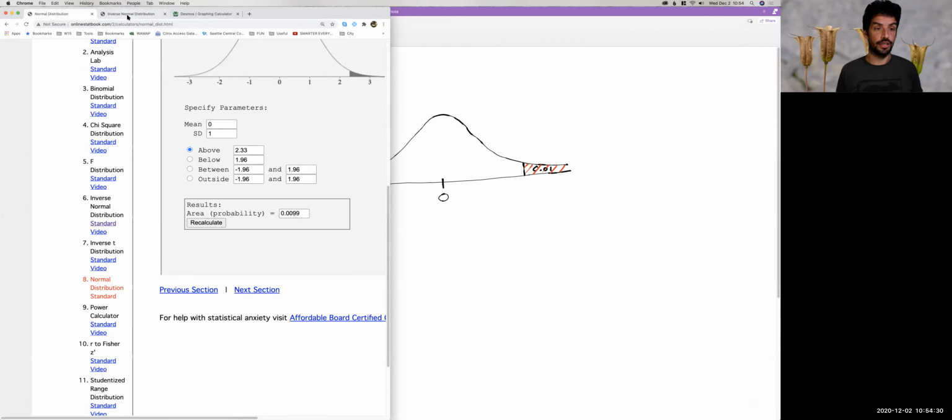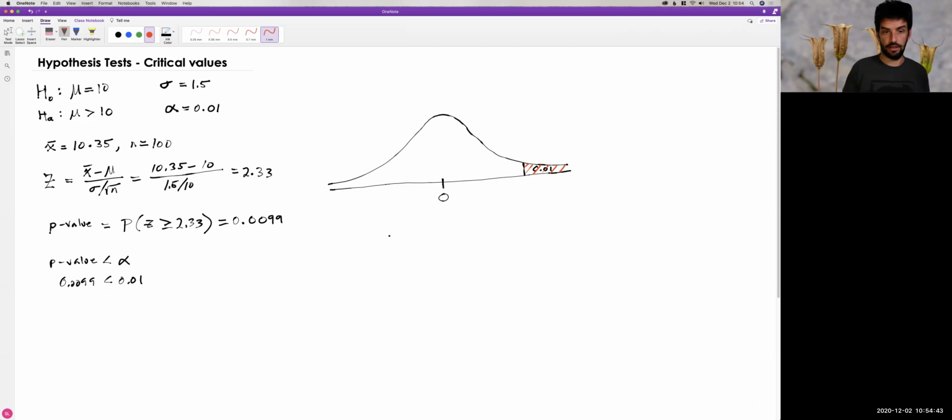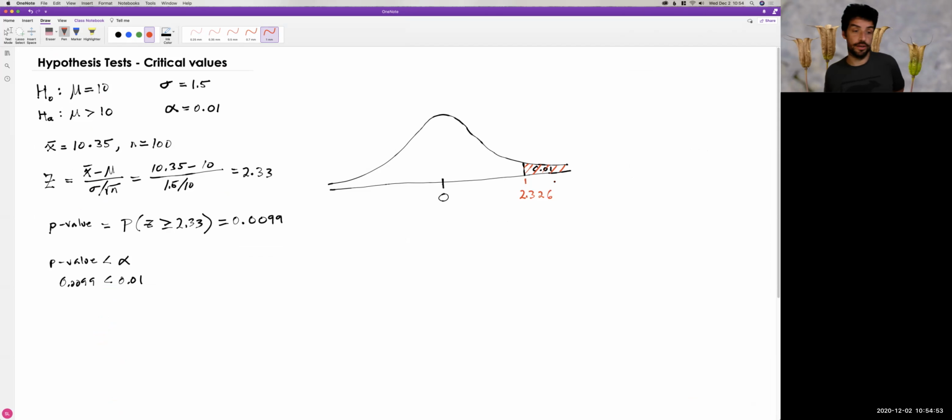So we can go to an inverse normal distribution, put in 0.01 above, and we get 2.326. In other words, if you have a z-score of 2.326, the area above it is 0.01. This we can think of as a critical value.